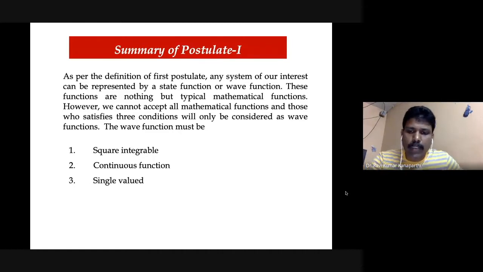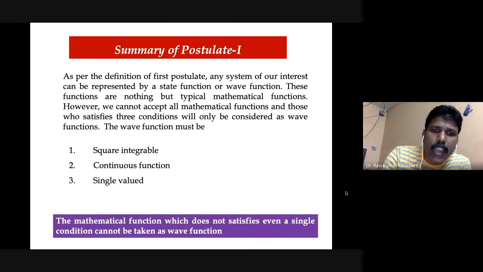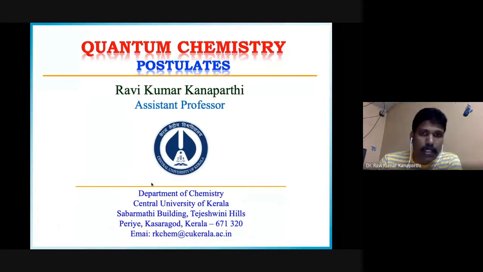This is where we stopped in the last class. If a mathematical function does not fulfill even a single condition listed here, then we will not accept it as the wave function. So that's all about the first postulate.